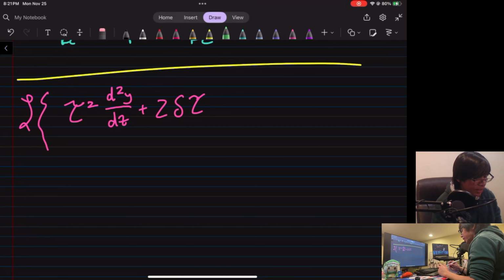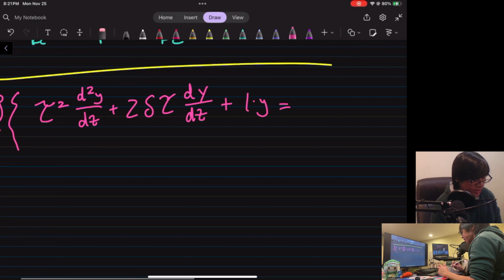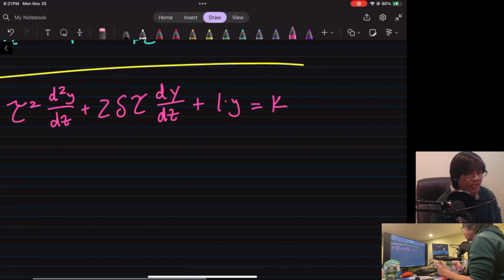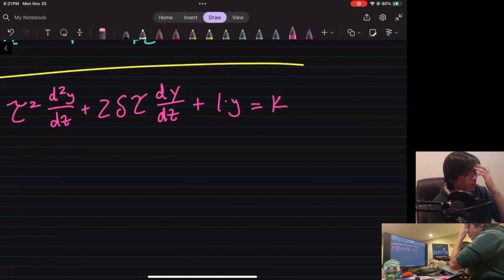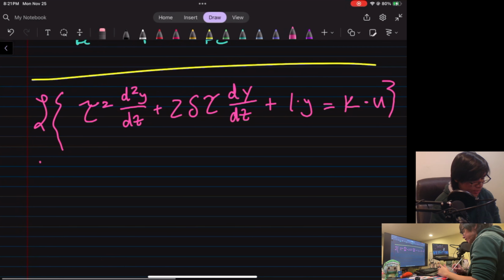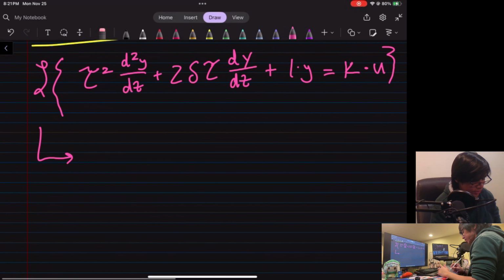So then we have just the first order differential plus 1 times y. So that's just y. And then that is equal to K, our system gain, and that's the relationship of our output to our input, times u as some forcing function. And the Laplace of that is what we get for our second order transfer function. So we take the K in front.